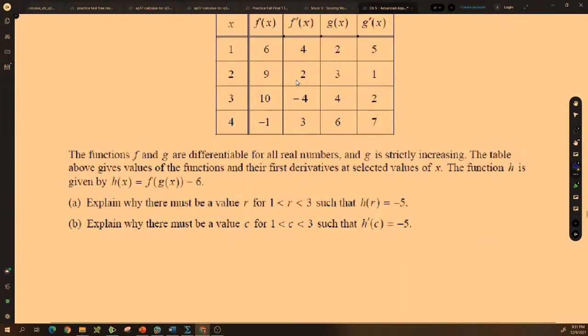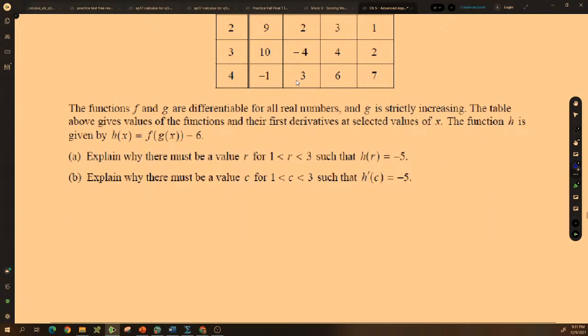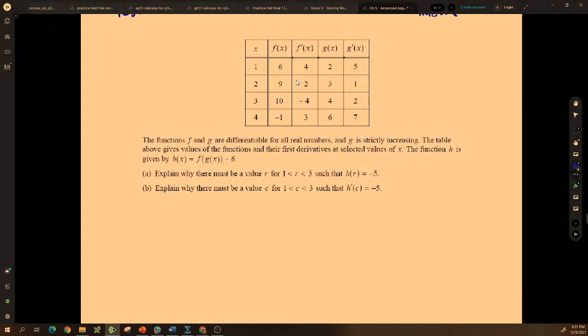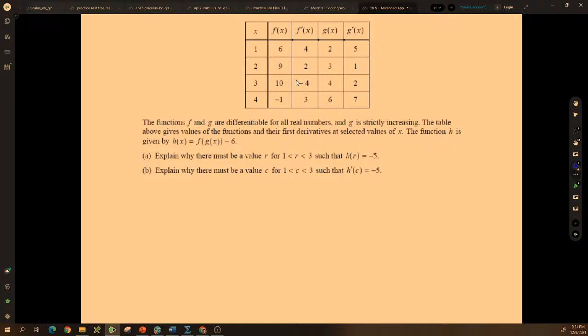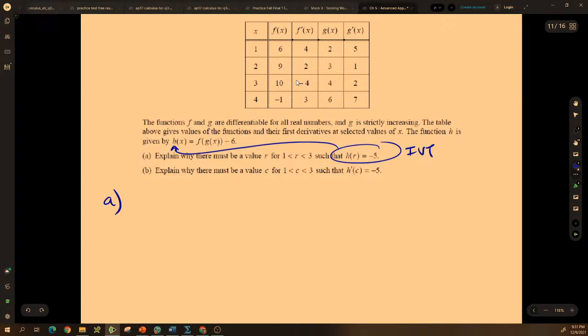All right, next up: explain why there must be a value r for 1 less than r less than 3, such that h of r is negative 5. So I have h of r here. We're given a formula for h. So this is going to be IVT immediately. Right? I'm given h, I want an h. That's IVT. So first thing I need to do is explain that IVT can be applied.